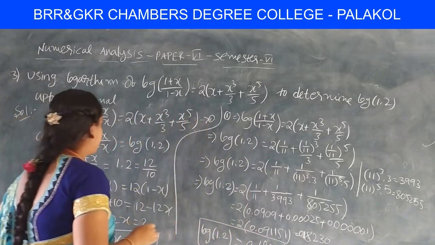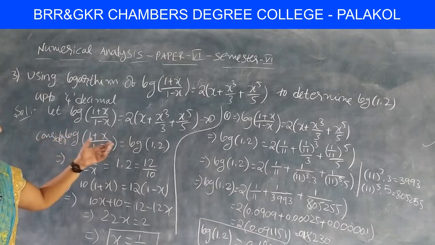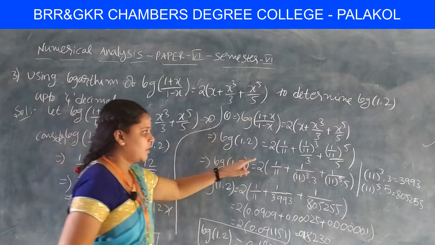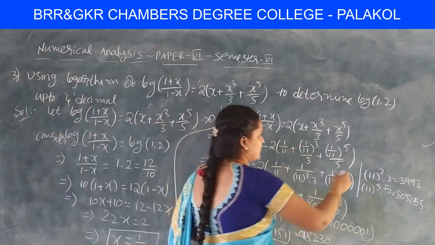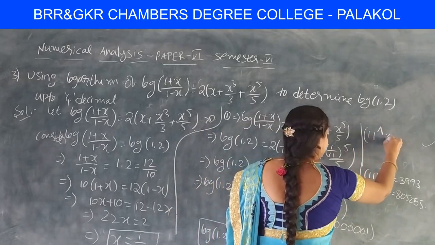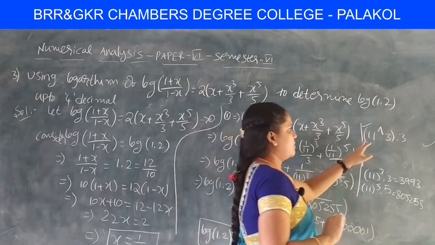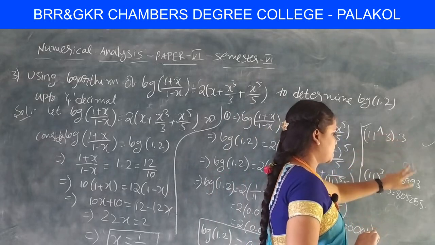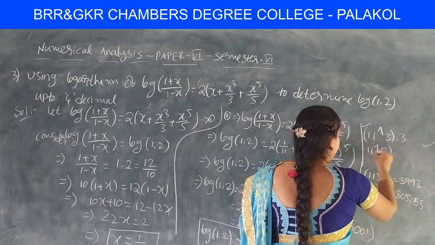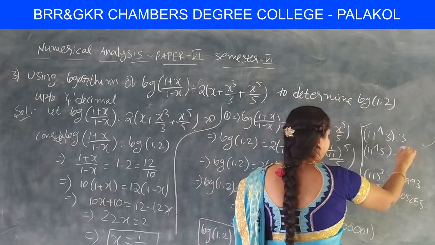This sum is also complete. Once again, first consider the logarithms and find the x value. Now substitute the x value in equation 1, and also (1 by 11) whole cube, use the Casio. 11 power 3 into 3 gives 3993, and also 11 power 5 into 5.